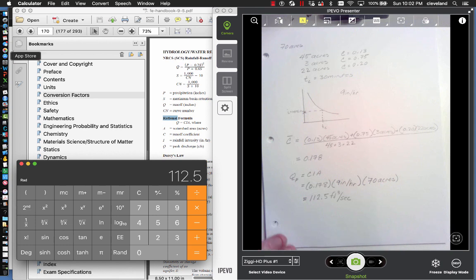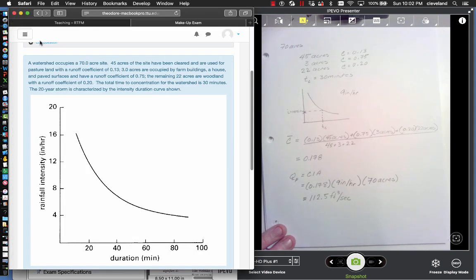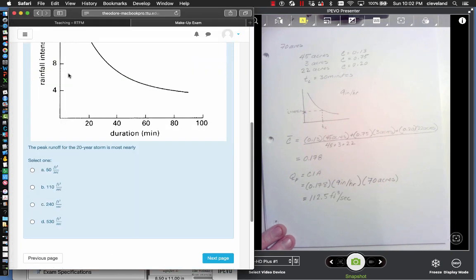And we'll go back and look at our options, and the closest is 110. It's certainly not 50, it's not 240, it's closest to 110. So we'll move on.